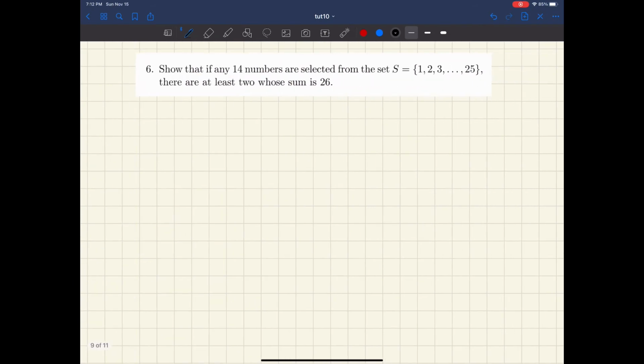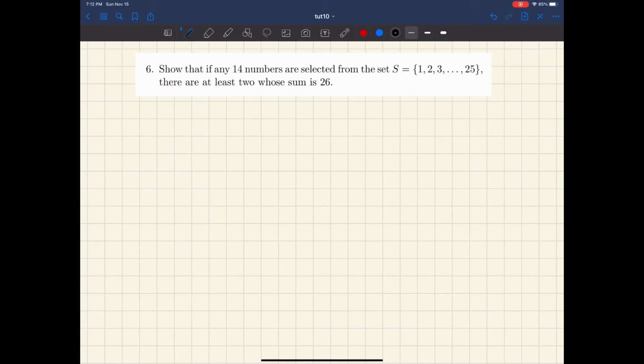For the sixth question we have, show that if any 14 numbers are selected from the set S, which is 1, 2, 3 till 25, there are at least 2 whose sum is 26.